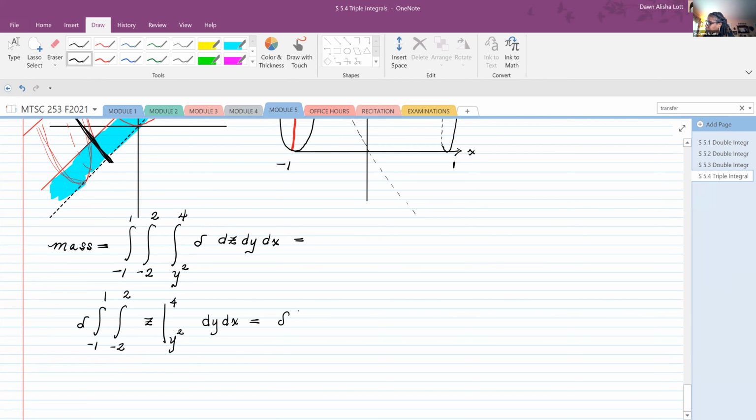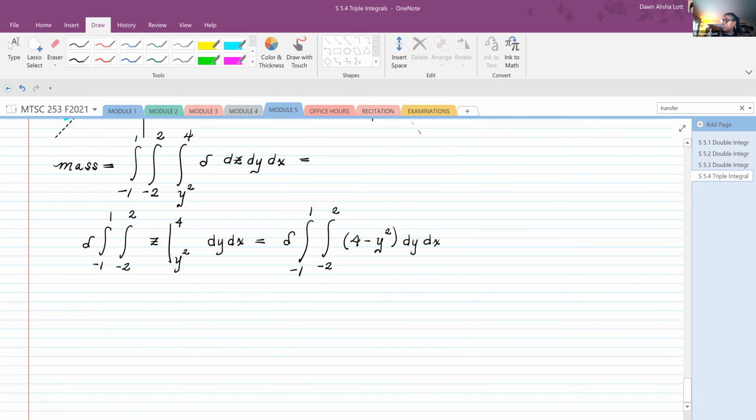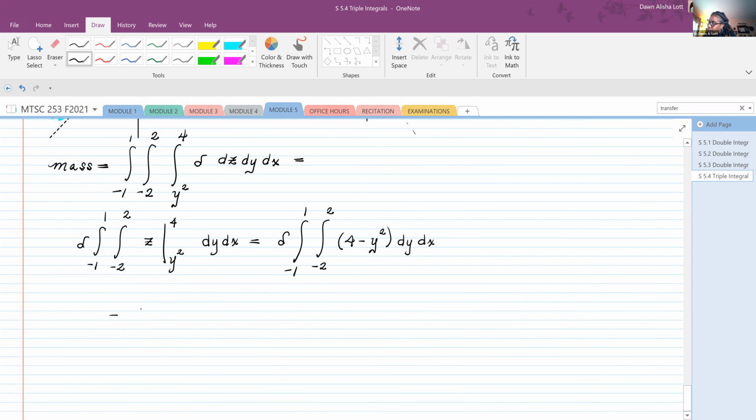So that's delta, the integral from -1 to 1, the integral from -2 to 2 of 4 minus y squared dy dx. Now that's an iterated integral to the point where I can do delta, the integral from -1 to 1 dx, because it has no x's in it. The integral from -2 to 2 of 4 minus y squared.